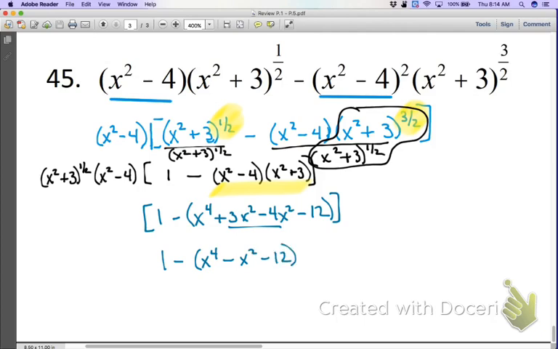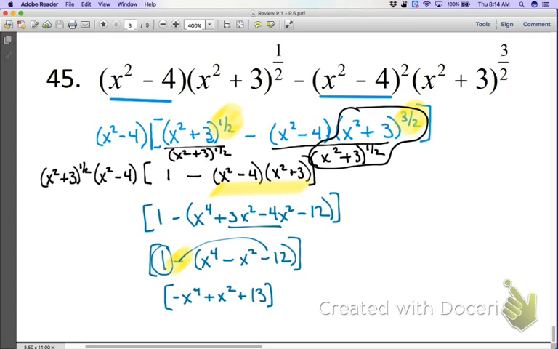Now, what do I need to do with this subtraction sign? Distribute it. So I'm going to do two things at once: negative x to the 4th plus x squared. That's going to change that to a plus 12. I'm going to add the 1 and go plus 13.